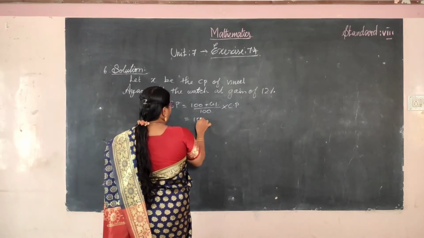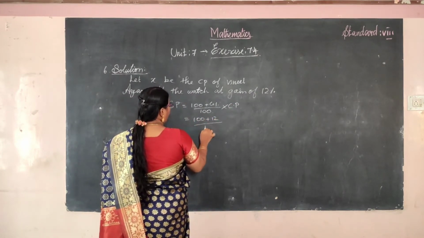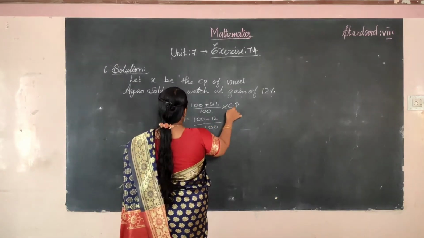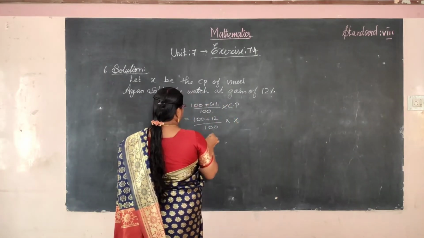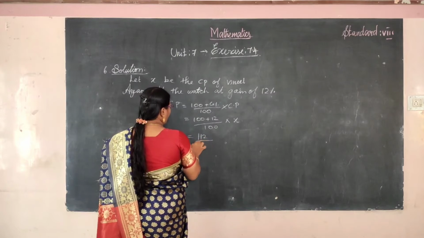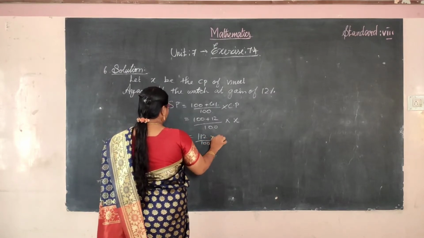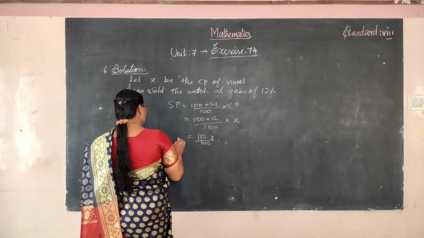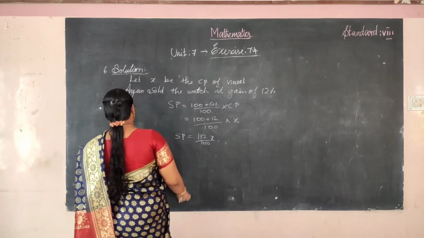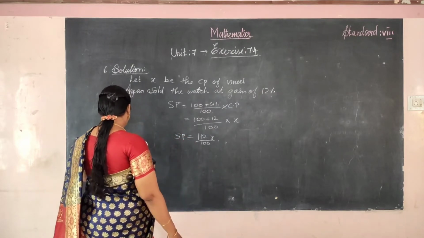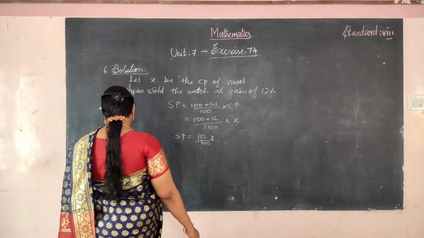So 100 plus the gain value 12, by 100 into CP, whose value was X. So 112 by 100 X. This is the SP, the selling price of Ayan. So here one of the conditions is given.